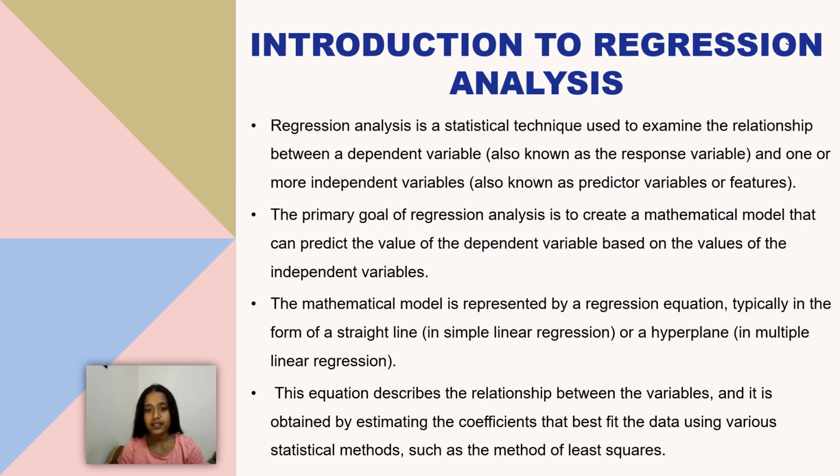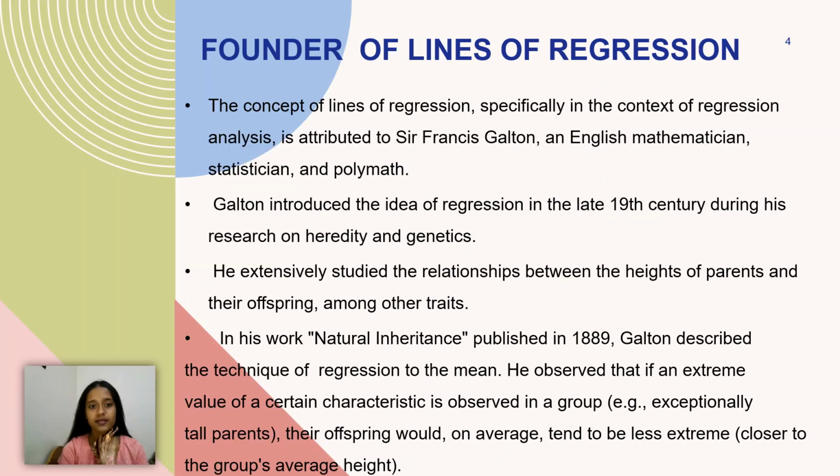Regression analysis is a statistical technique used to examine the relationship between the dependent variable and one or more independent variables. So basically the mathematical model is represented by the straight line and it predicts the dependent variable based on the values of independent variables.